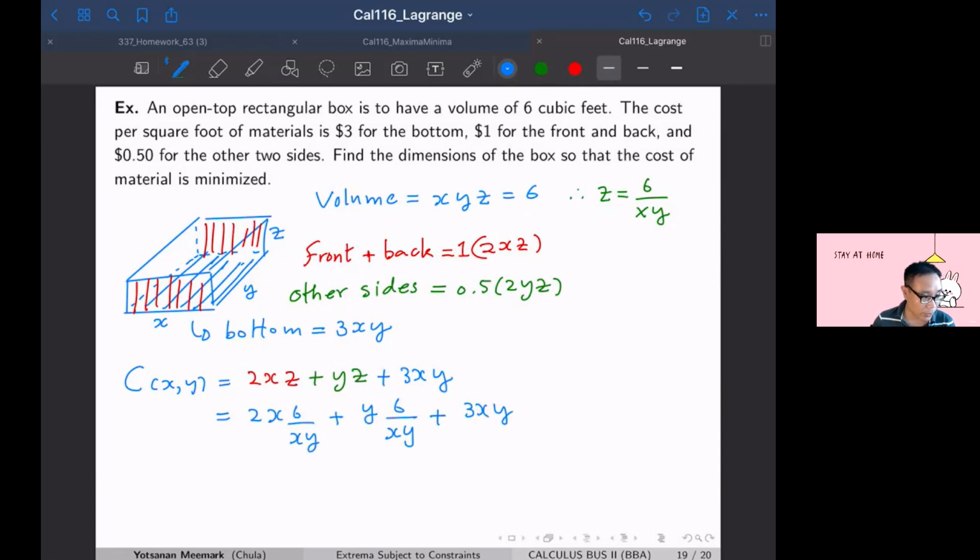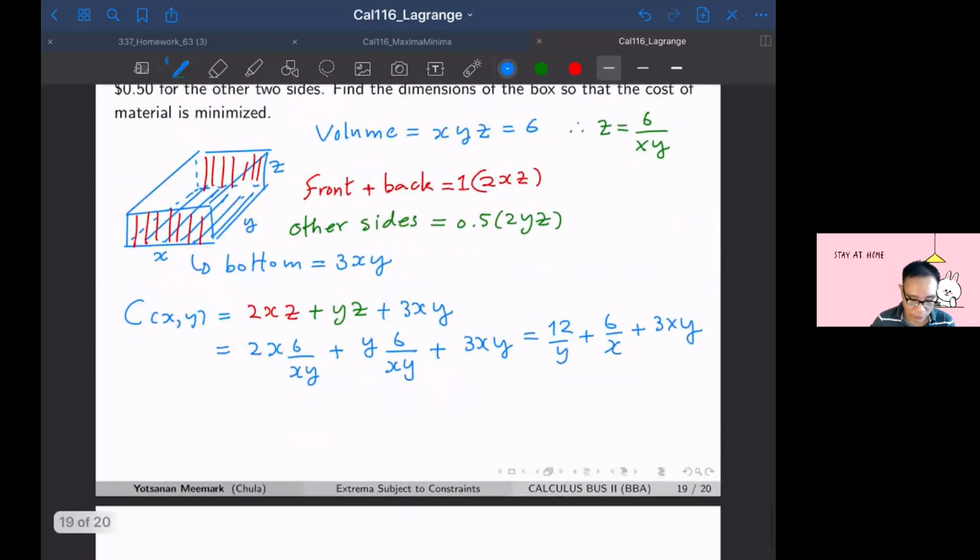Then you simplify this, which gives you 12 over y plus 6 over x plus 3xy. And then you're able to compute Cx and Cy.